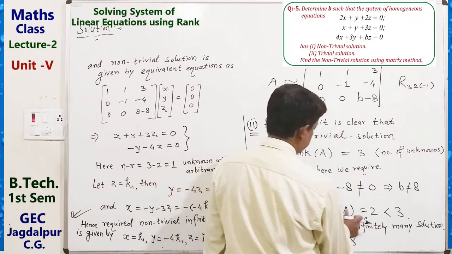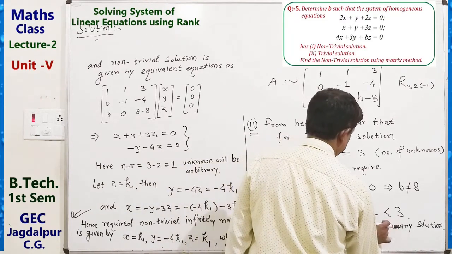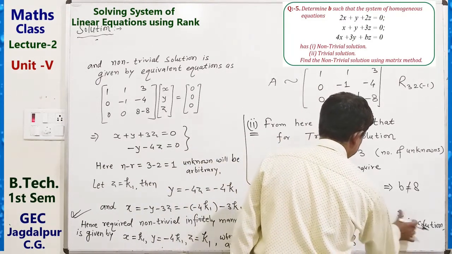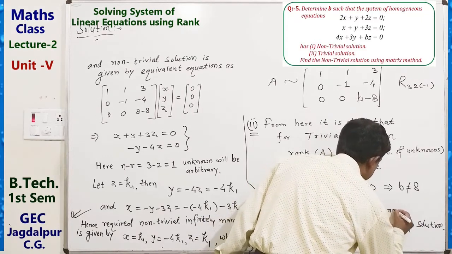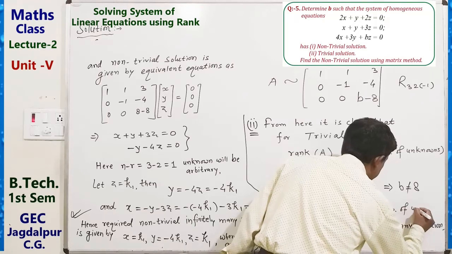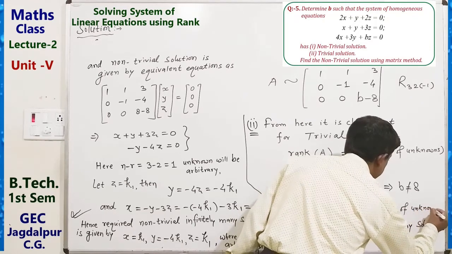Then rank of A equals to 3, the number of unknowns.